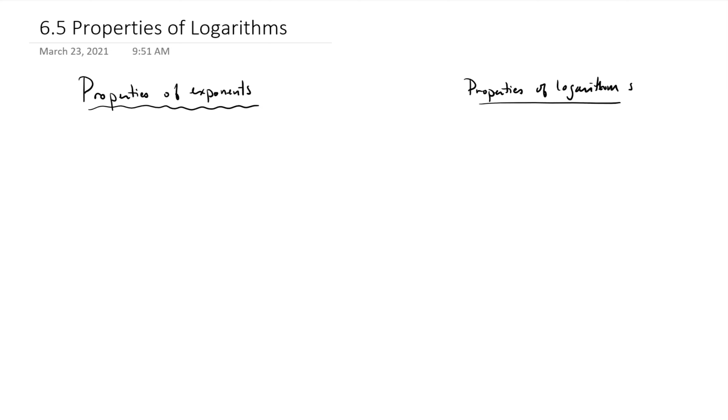Basically everything is related to the fact that if I take an input x and apply a function f of x, the exponential function b to the x, I get b to the x. Or, to make this less awkward, I could put a for the input, and then b to the a is the output.